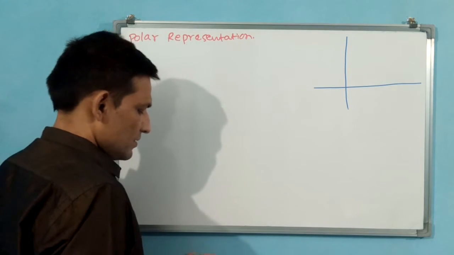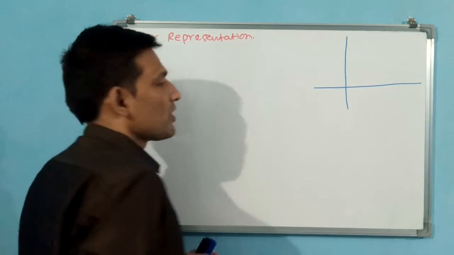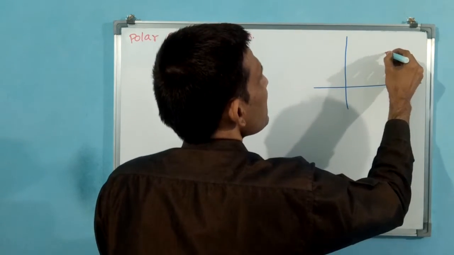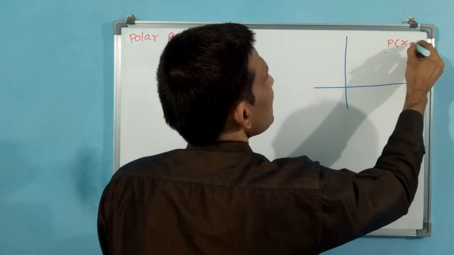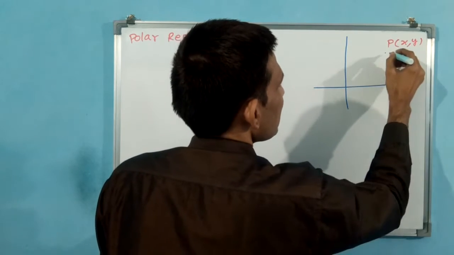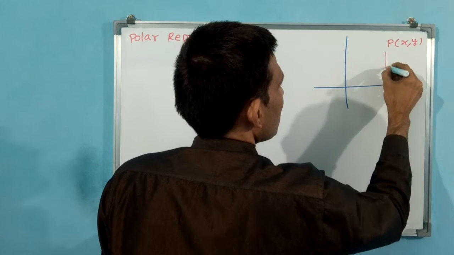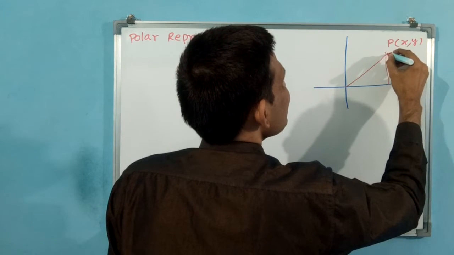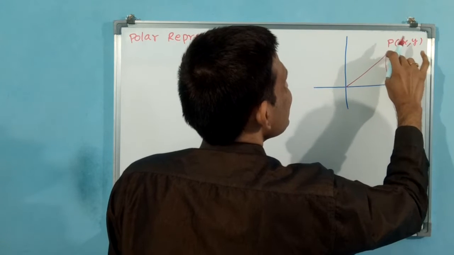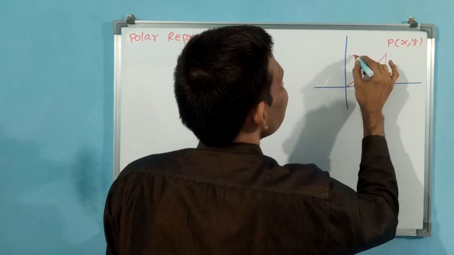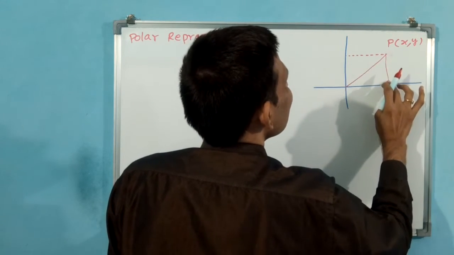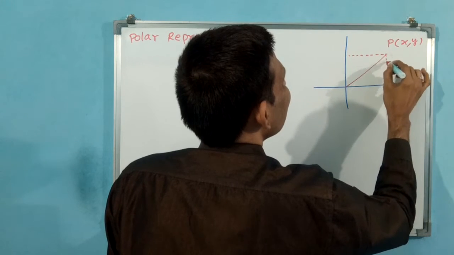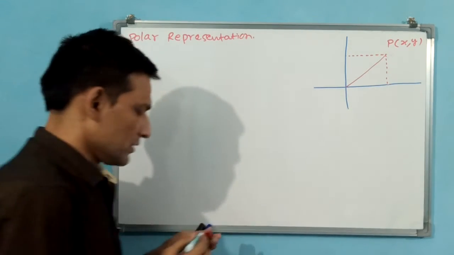This is the first quadrant, and say point P is here, (x, y).